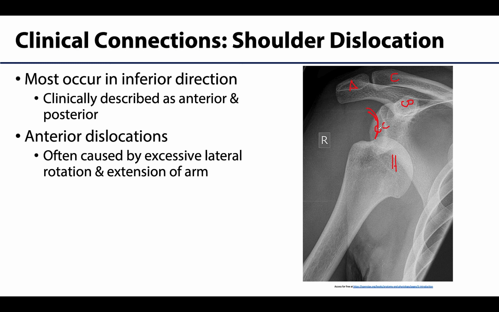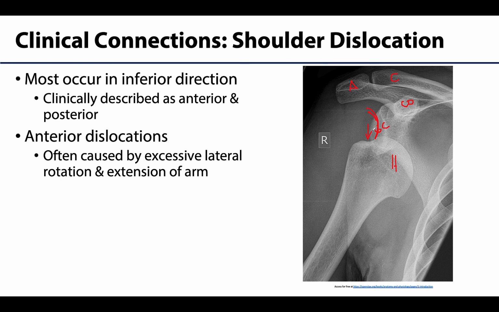But if a shoulder dislocation occurs, most commonly it will occur in an inferior direction, meaning the humeral head will almost always move inferiorly, which you can certainly see is the case here. But clinically, very rarely are shoulder dislocations described as inferior dislocations, even though you see a bit more of that as well.